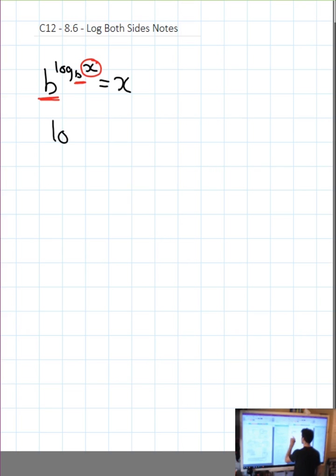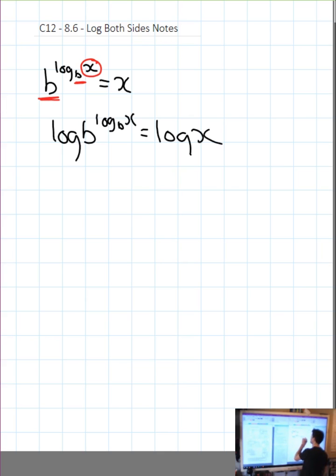So if we log the left-hand side and we log the right-hand side, well, we have an exponent that we can now bring down in front. So I'm going to bring that exponent down in front.